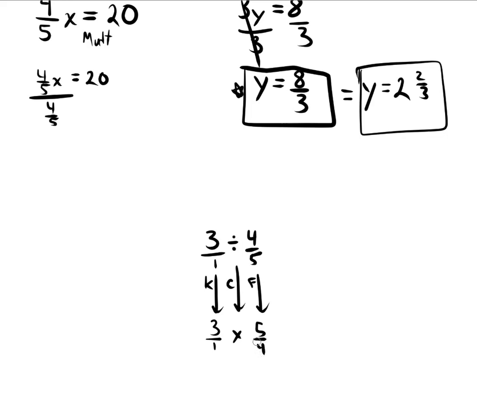Now, you called that keep, change, flip, but there was another name for it, and your teacher mentioned it: multiplying by the reciprocal, because this 5/4 is the reciprocal of 4/5, and this division gets changed to multiplication. So to divide 3 by 4/5, what we actually did was multiply it times the reciprocal of 4/5.